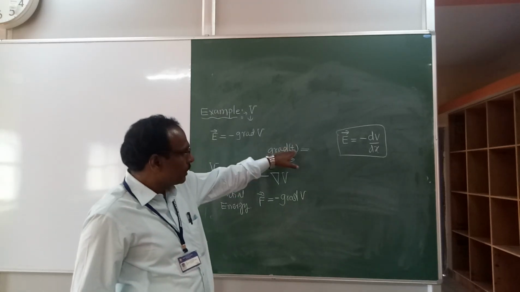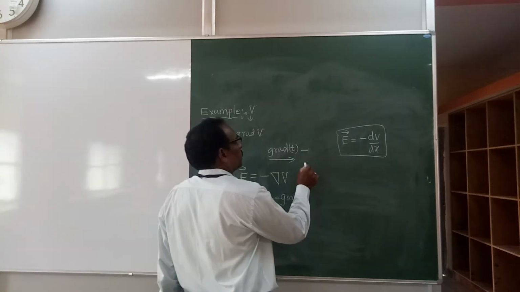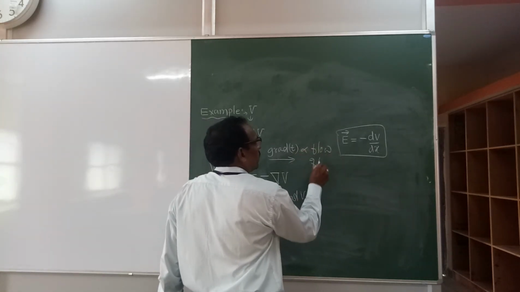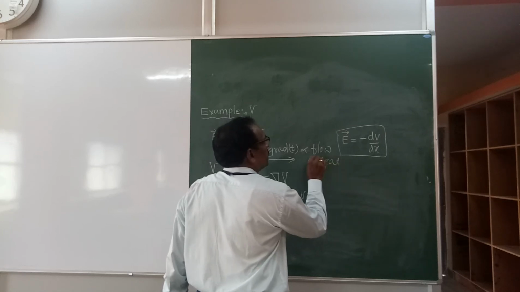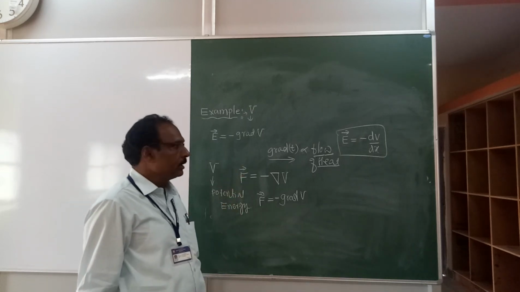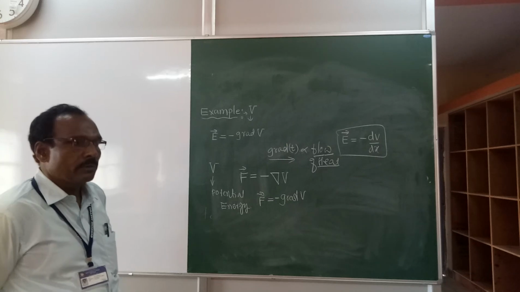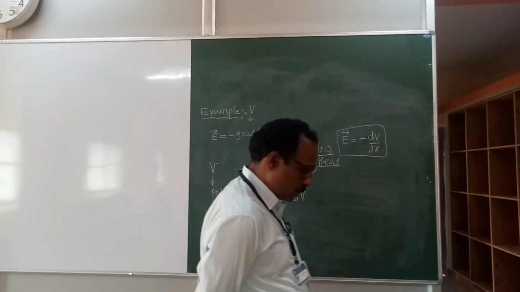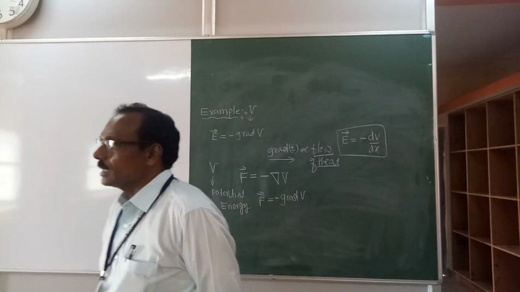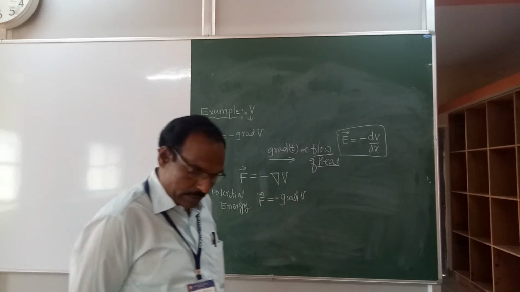Gradient of a temperature is proportional to the flow of heat, and this flow of heat is represented as a vector. So to conclude, gradient of a scalar function is a vector. We have drawn the physical meaning of it. We have represented it mathematically.